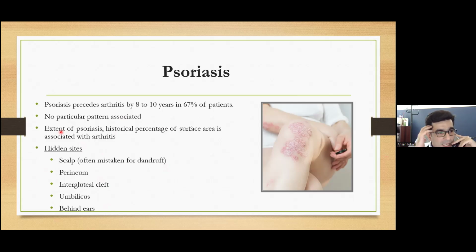For example, the scalp, perineum, between the gluteal folds, umbilicus, and behind the ears is a common site where psoriasis can be hiding, especially the scalp, where patients feel it's just dandruff, but if you look closely, you'll see the excoriations and scales which are similar to psoriasis.